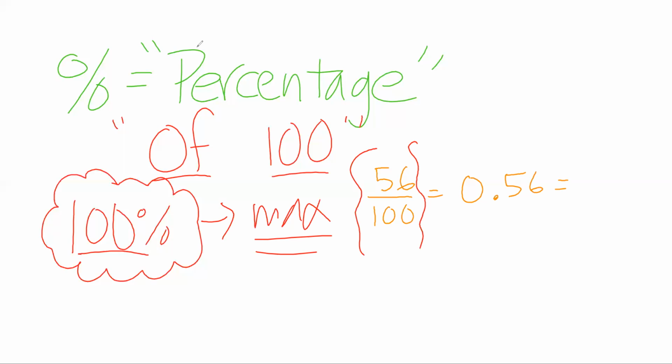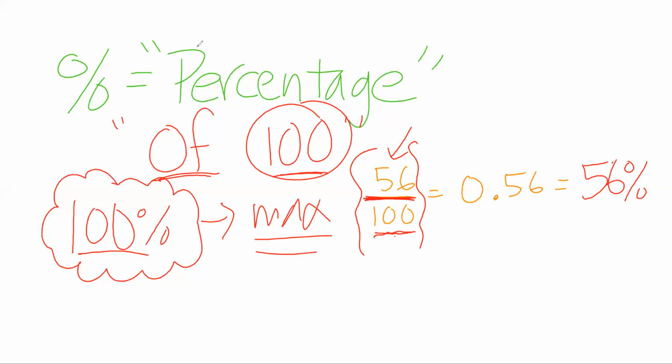It says 56 of, because there's that fraction line, of 100. So 56 hundredths or 56 of 100 just means I have 56%. That's pretty simple.